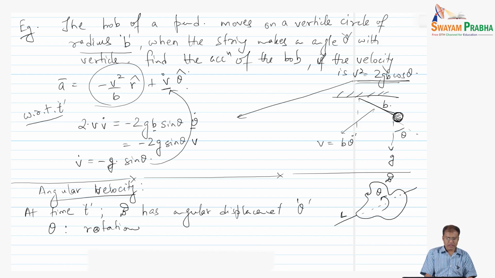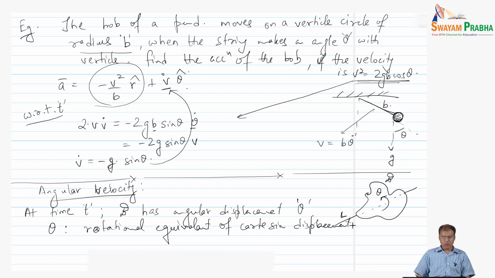So this is the rotational equivalent of Cartesian displacement x of a particle, which is perhaps moving in a straight line or 1D, right? So now I am ready to define my angular velocity.